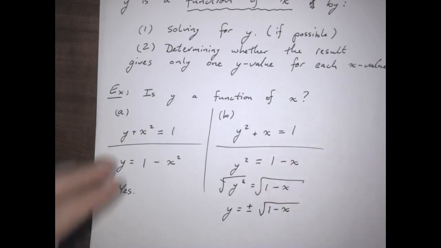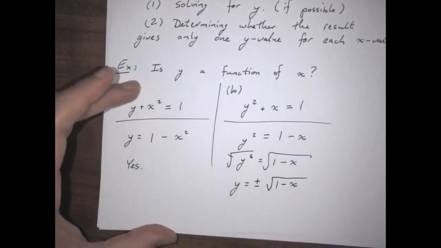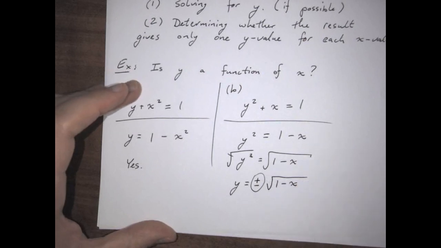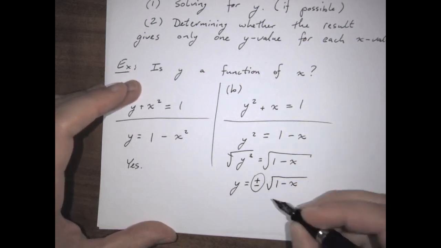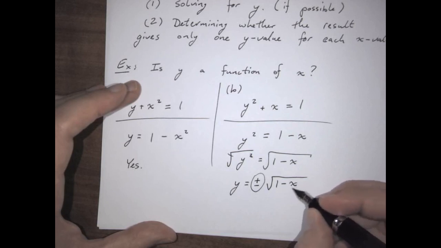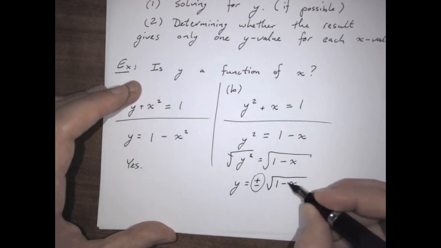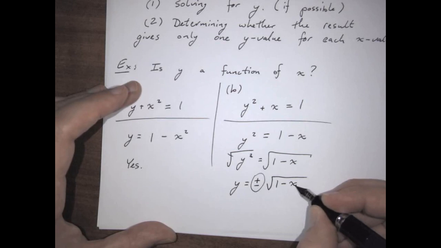Now, when you have a plus-minus, that is a classic telltale sign that the y is not well defined by this formula. If I pick a particular value for x, for example, let's say 1/10, then 1 minus 1/10 is going to give me 9/10.